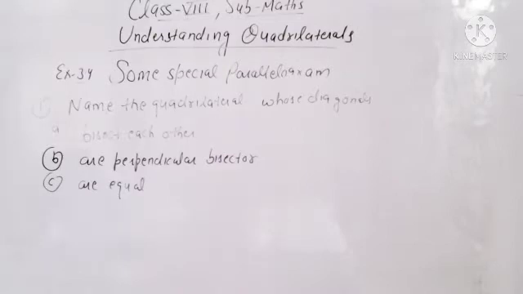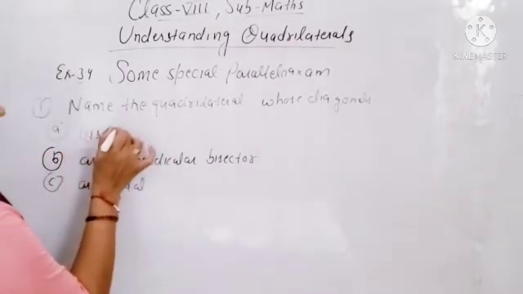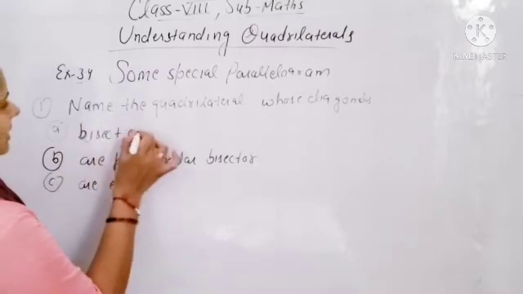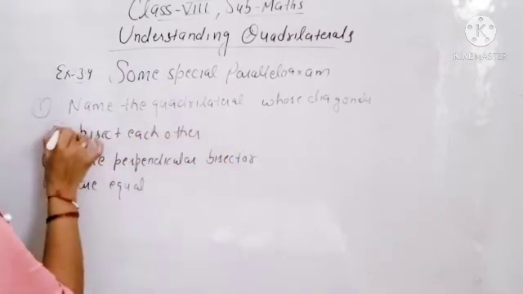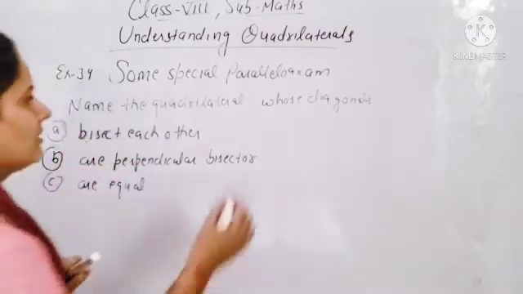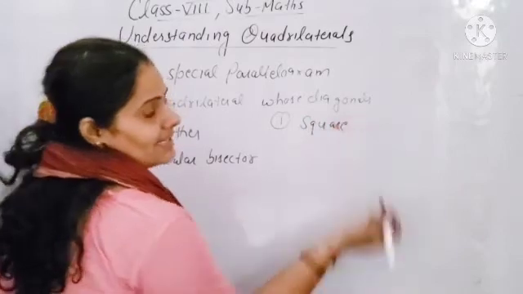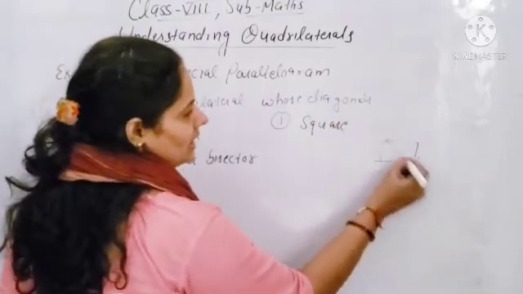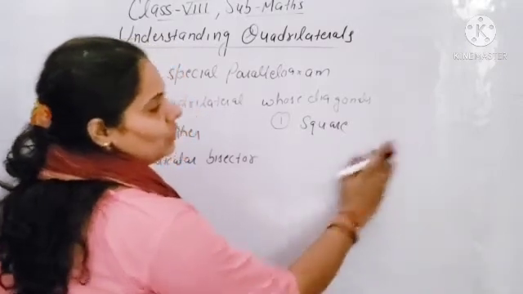So what is the next question? Name the quadrilateral whose diagonals bisect each other. So all the types of quadrilateral you can say. First one you can take square. In a square also diagonals will bisect each other, because if you take the square, so these are the diagonals. This will divide it into two equal parts.